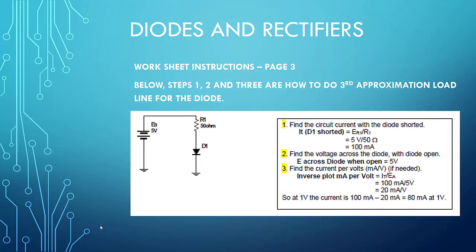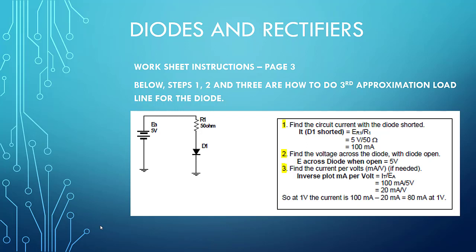Again, we just take a look at the 3 steps. Find the current with the diode shorted. If we shorted that diode out and just turned it into a piece of wire, what would the current be? It would be 5 volts divided by 50 ohms to give us 100 milliamps in the series circuit. Then we would look at the diode as though it was open, treat it like a switch.